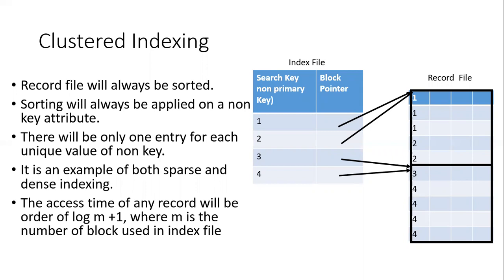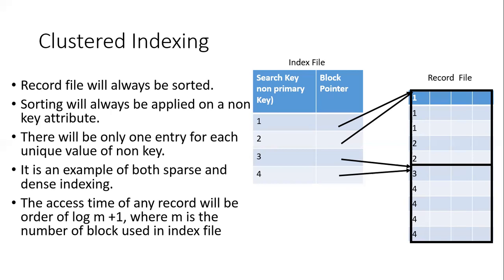Similarly, the second index entry, having the non-key attribute value 2, is pointing to the base address of the first block, because records of non-key attribute value 2 are present in the first block. That is why the second index entry also points to the base address of the first block.